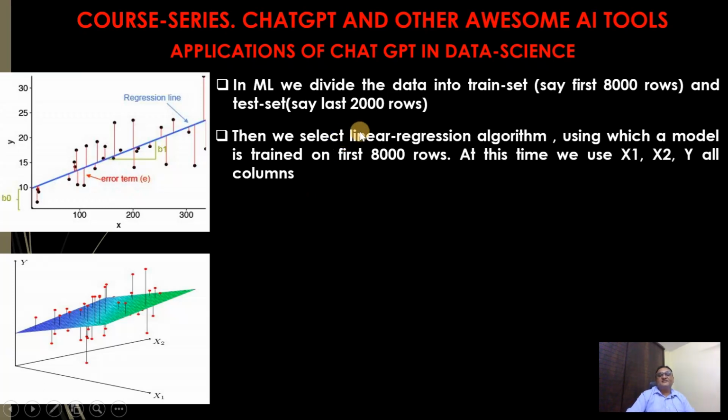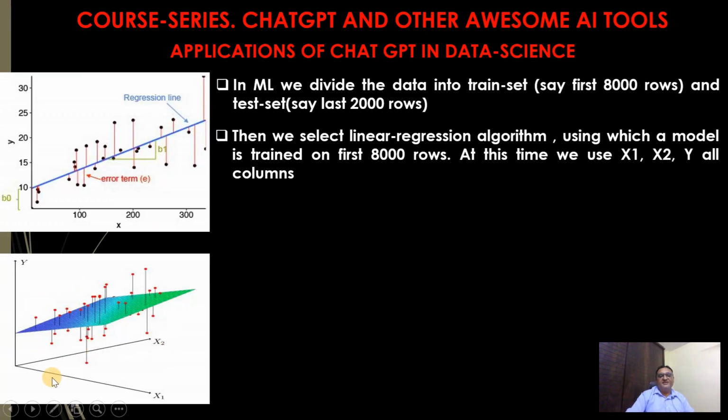Then we select some linear regression algorithm. So again, we are just assuming that our data points are so distributed that they are linearly separable. In two dimensions, they are linearly separable by a line of fit.